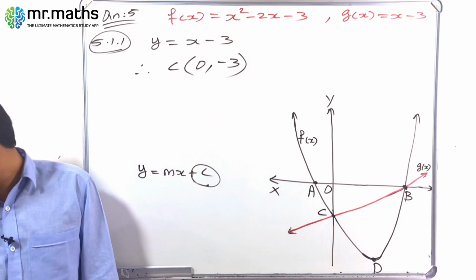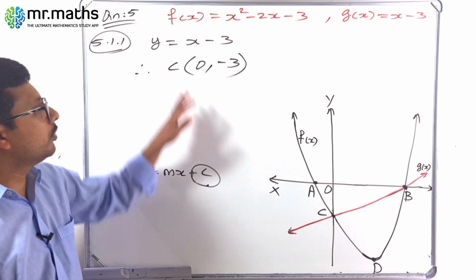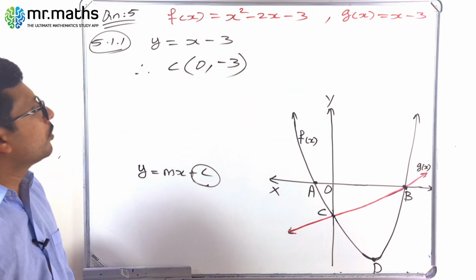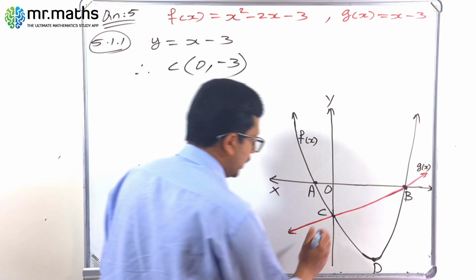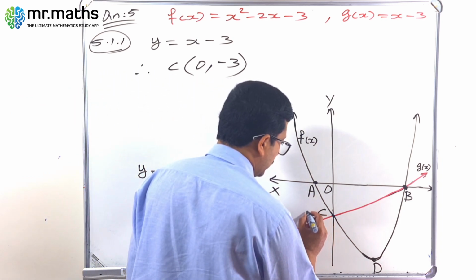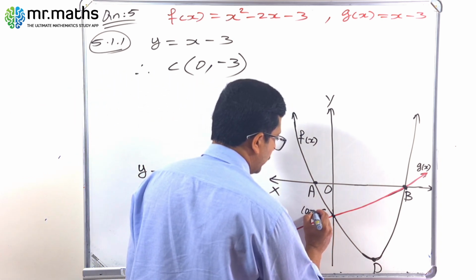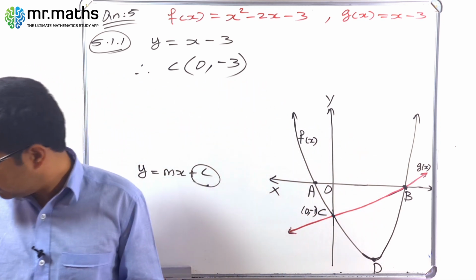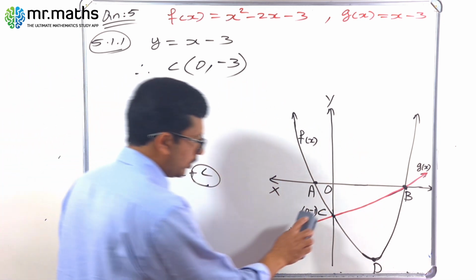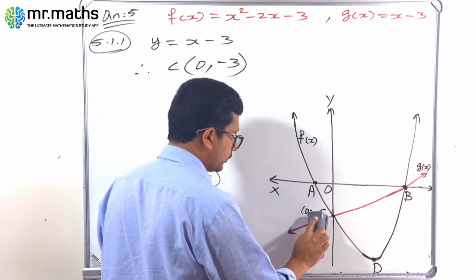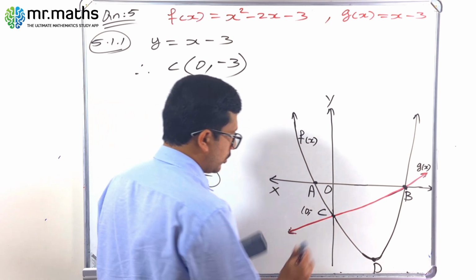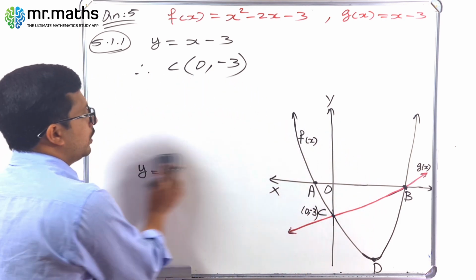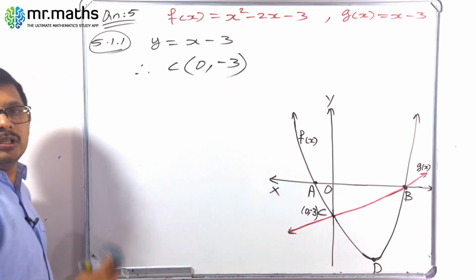How many marks for that question? Only 1 mark. So you just write 0 comma minus 3. Okay, that's all. So the coordinate of C is 0 comma minus 3. Sorry, not minus 1, it is minus 3. So that is the coordinate of C, 5.1.1.